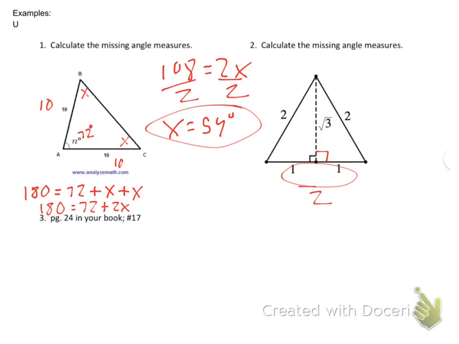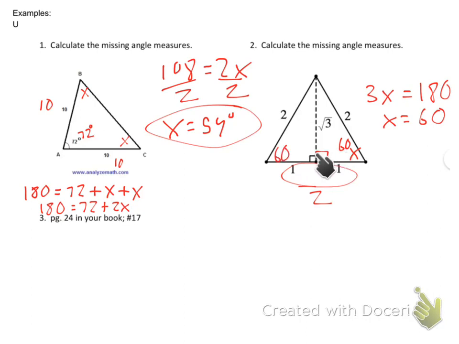3. So if I call just one of these x, how many x's do I have? 3. 3 x's should equal how much? 180 degrees. So x is equal to 60. So all of those angles are 60. This is 60. This is 60. This is 90.